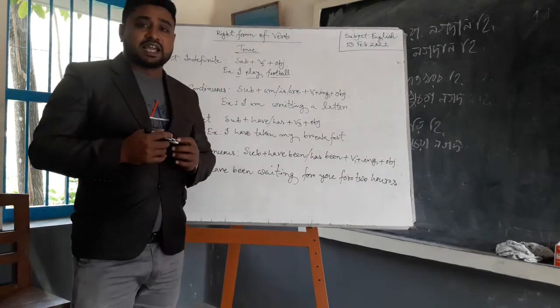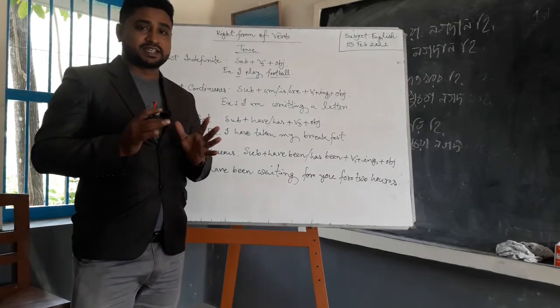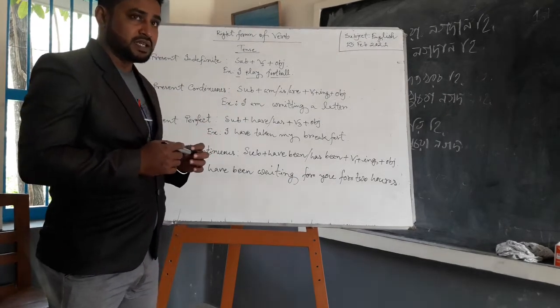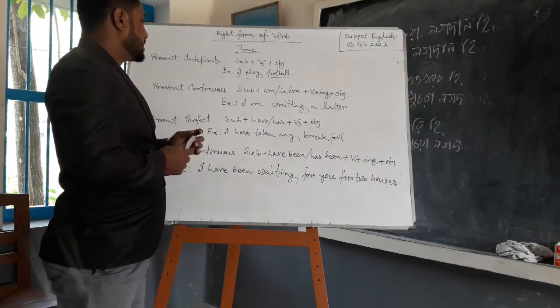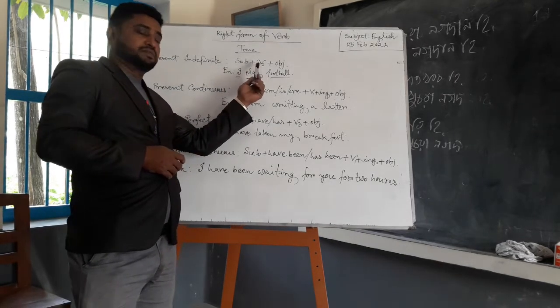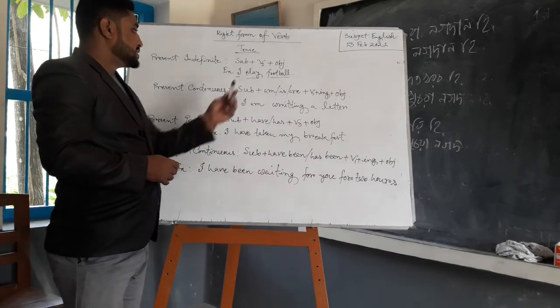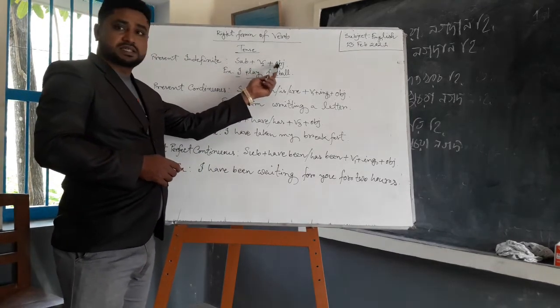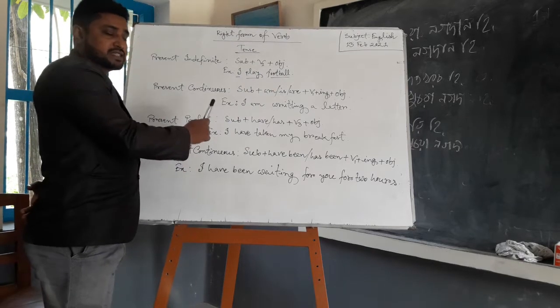First of all, I have written present indefinite tense. Dear viewers, you can see that the structure is subject plus verb 1 plus object. For that, I have given an example.